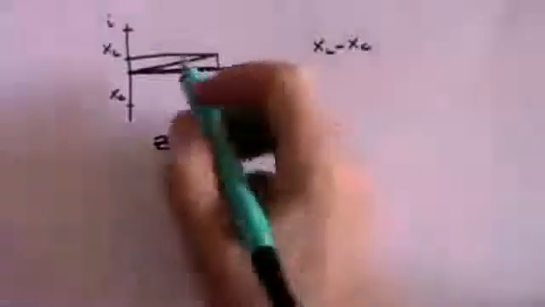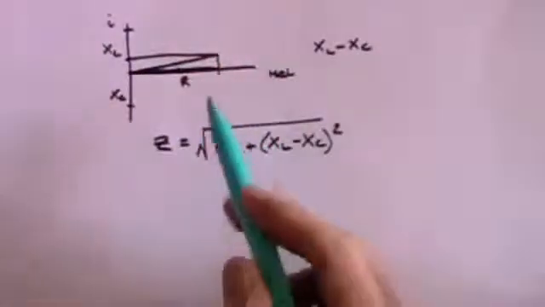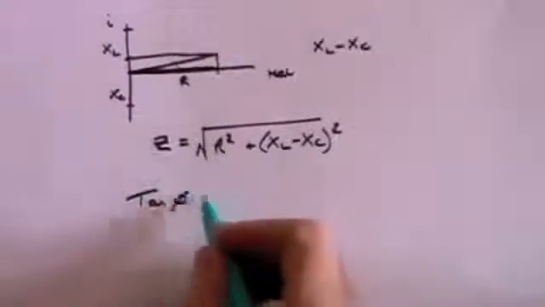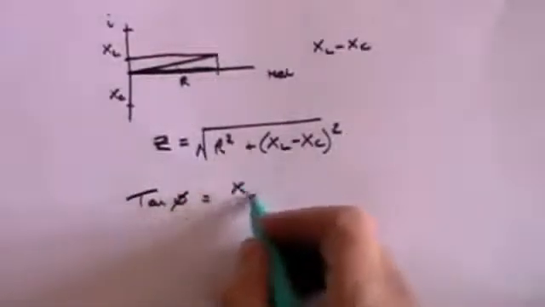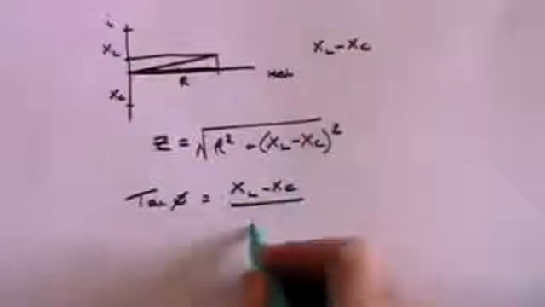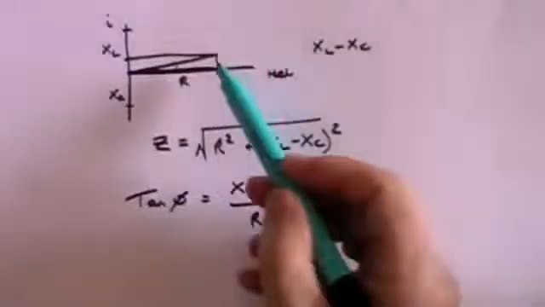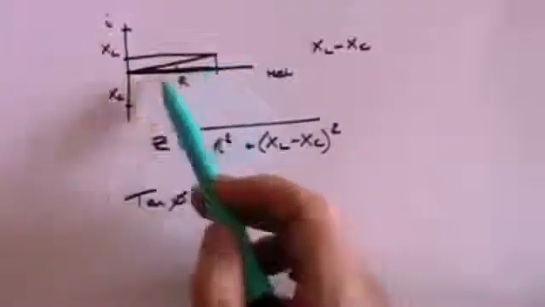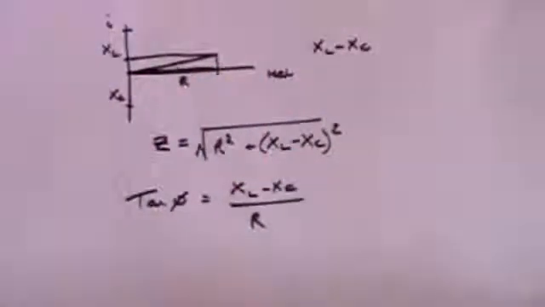And the phase angle, which here is phi, will be given such that tan phi is equal to XL minus XC divided by R, because this value here is XL minus XC and this line here is R.